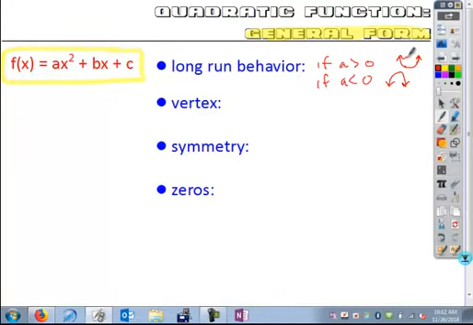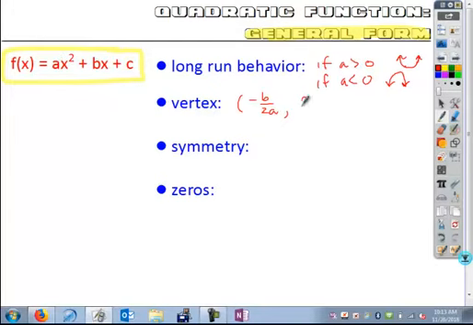Now, one of the key things that you need to be able to do in each of the three forms that this can be expressed in is find the vertex. So if you want to find the vertex and your equation for the quadratic is given in this general form, the way that you can find it is you can take negative b over 2a. If you take your coefficient of the first degree term, multiply by negative, and then divide by twice the a value, that's going to give you the x coordinate of your vertex.